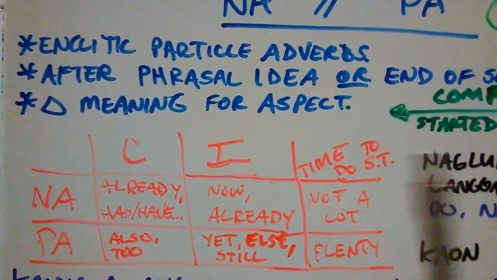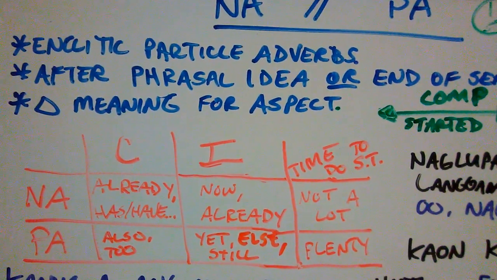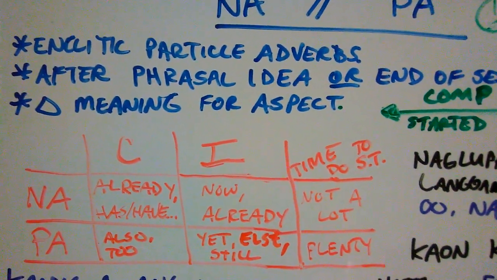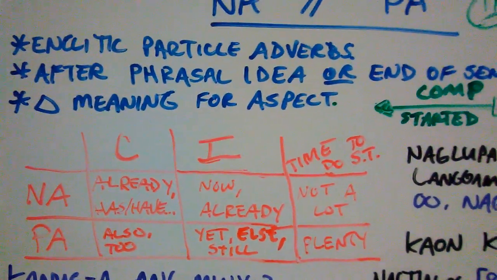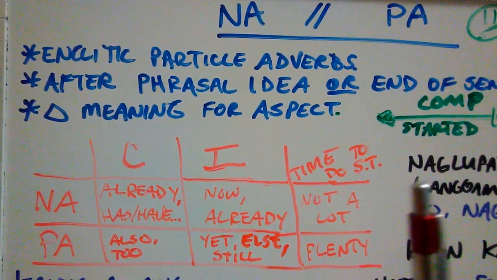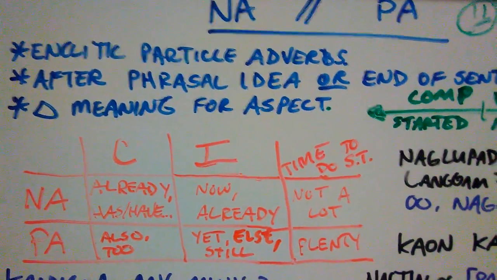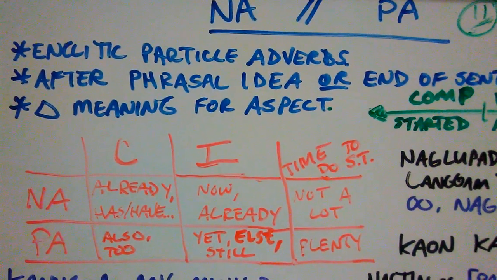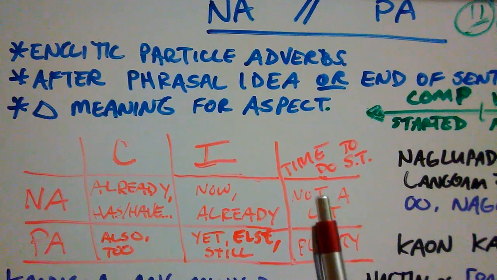Then this one I just put as time to do something, because in Cebuano, we like to look at things in relativity to time. So na can have a psychological softening of time between two points in time, meaning not a lot of time to do something.